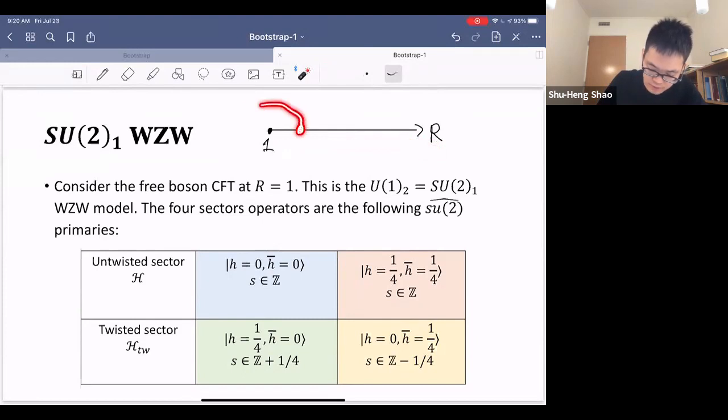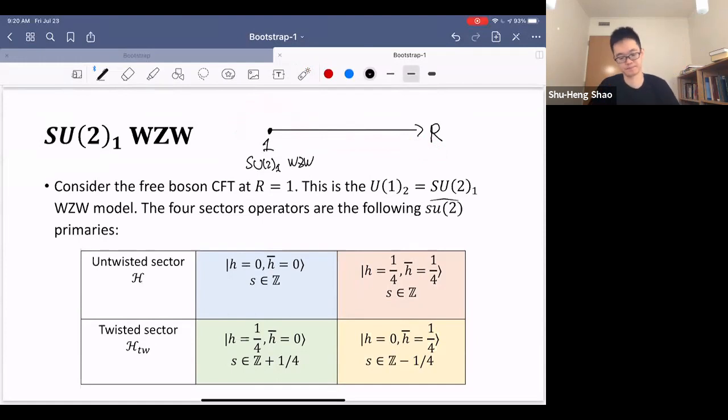And the point R is identified with 1 over R. And the SU(2) WZW model is exactly at this endpoint of the moduli space. This is just a particular point of the free boson CFT that's easier to analyze. As we discussed in lecture 1, at this point the free boson CFT is rational, and the extended chiral algebra is the SU(2) times SU(2) Kac-Moody algebra.